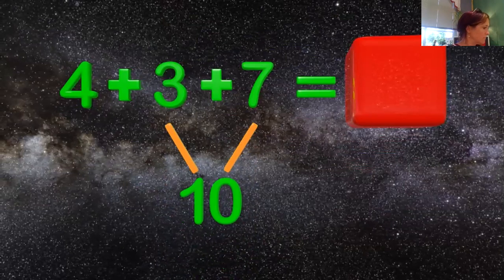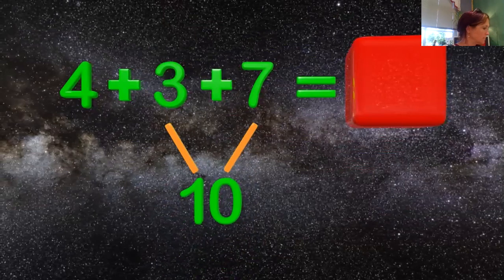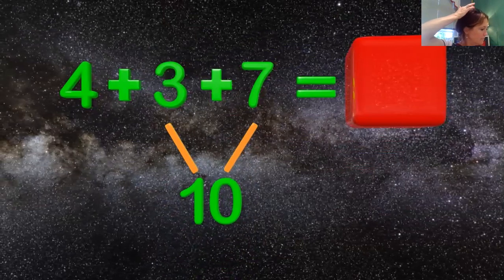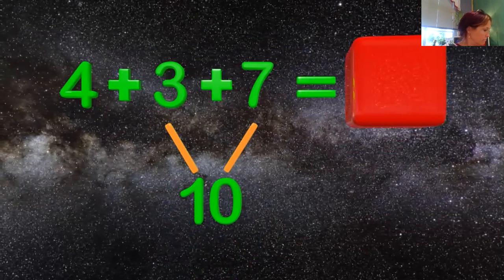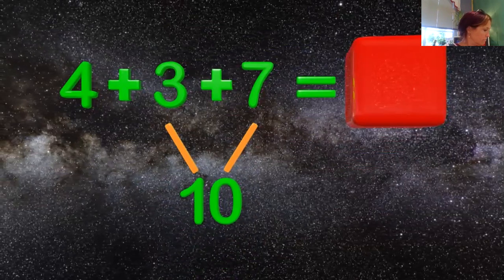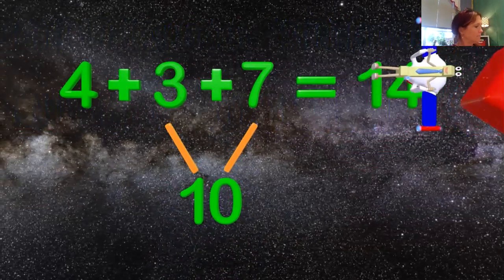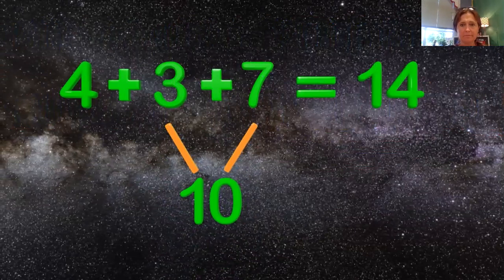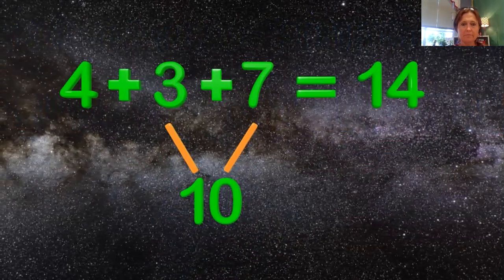Many of us have memorized partners of 10. Two numbers that add up to 10, like 5 and 5 or 6 and 4, are partners of 10. So in this problem, 3 and 7 is 10, and 10 plus anything is super easy. We know that 10 plus 4 is 14. We solved the problem another way and did it way faster.